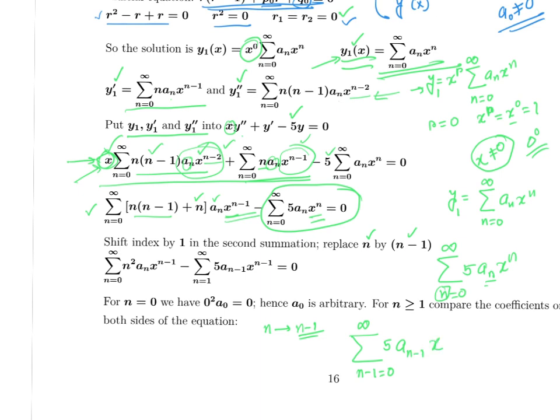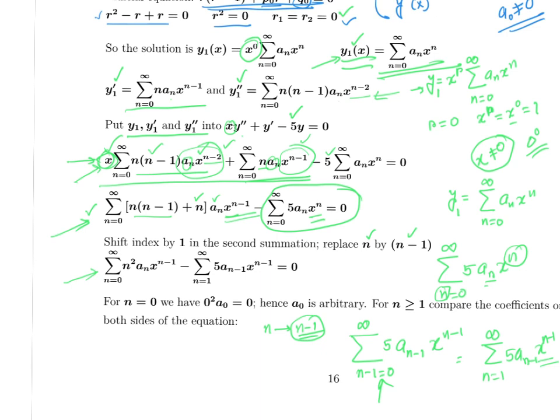Then x to the power n now is going to be x to the power n minus 1. Now this, by the way, is the same as saying summation n is equal to 1 to infinity 5 a sub n minus 1 times x to the power n minus 1. That is going to make the power of x the same in all the summations on the left.